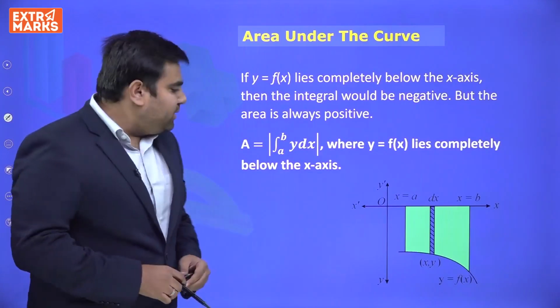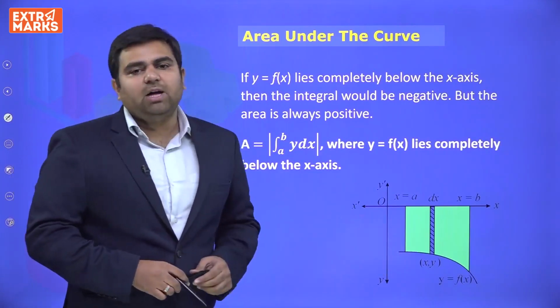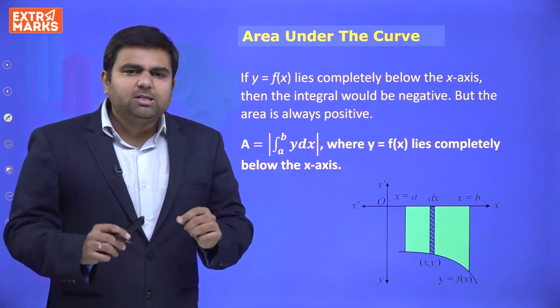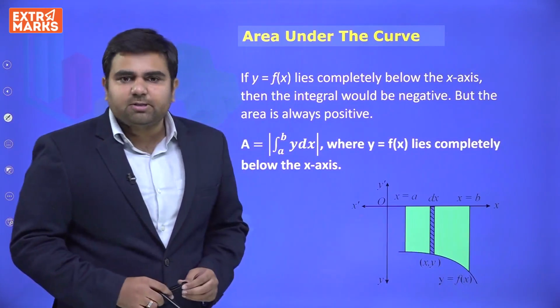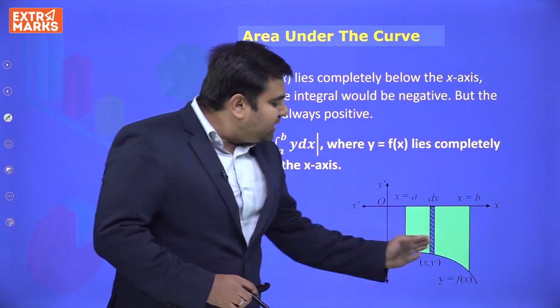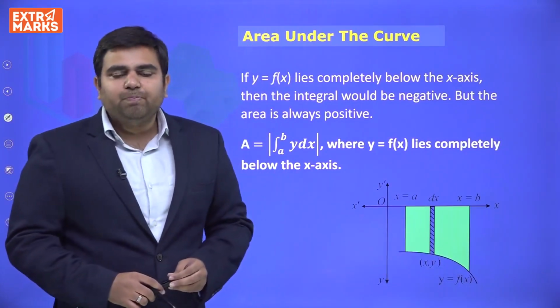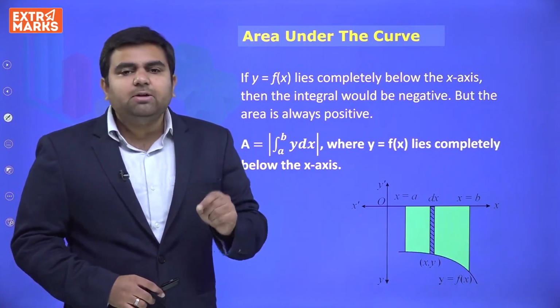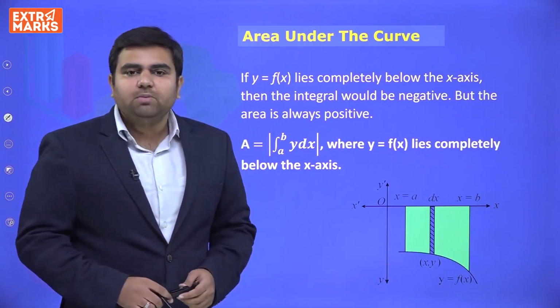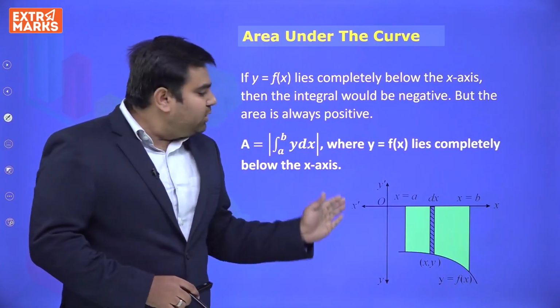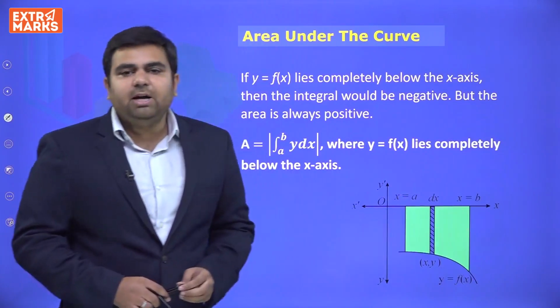Let us consider that we again have a curve y equal to f of x, but this time the curve lies completely below the x-axis. We intend to find the area bounded by y equal to f of x with the x-axis between the ordinates x equal to a and x equal to b.